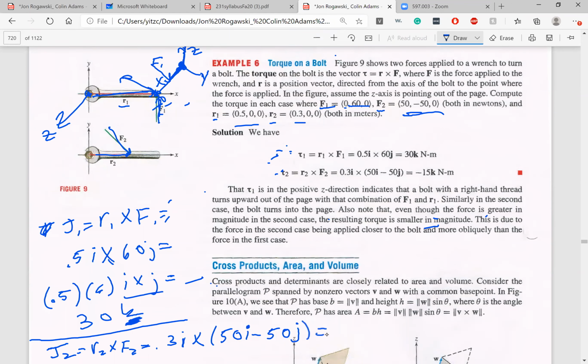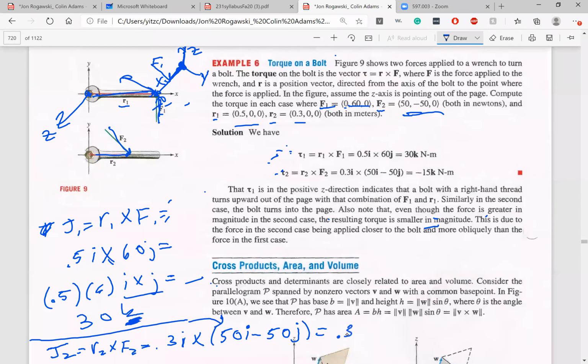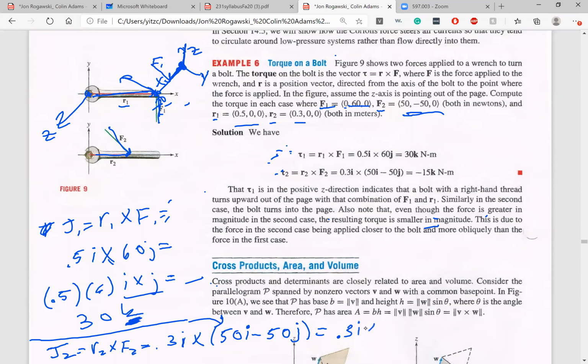So the I over here, when it gets multiplied in here, the I's are going to cancel. And so then the next part is going to be the 0.3I cross minus 50.